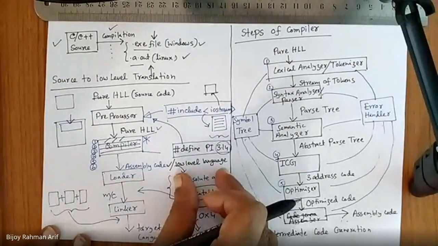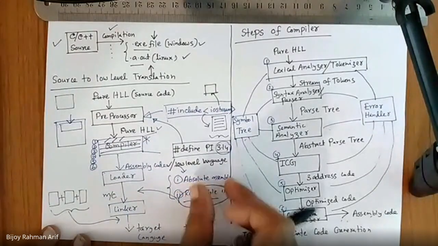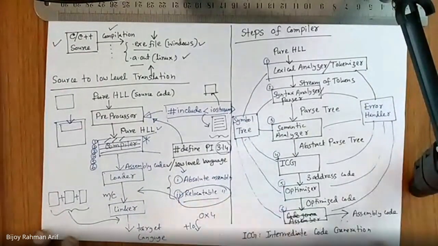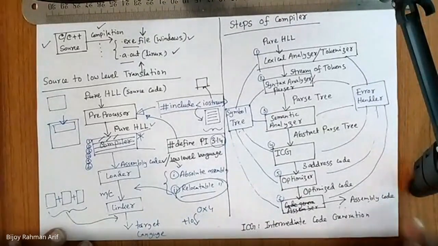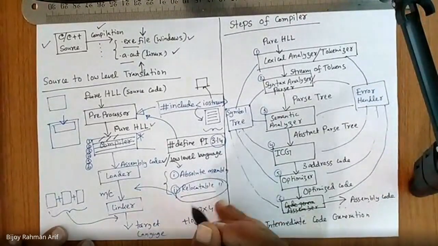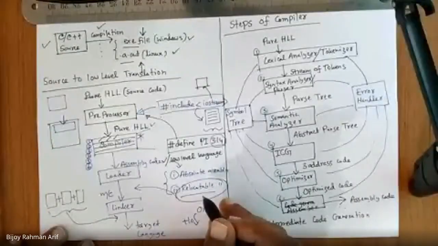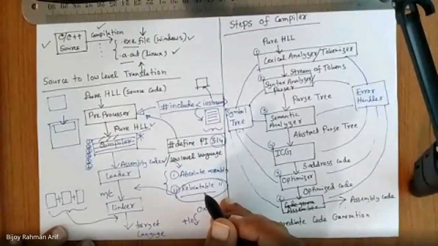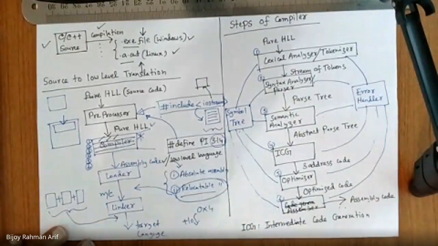This low level stuff or assembly code can be of two types: absolute assembly or relocatable assembly. At the very beginning of the history of languages, people used absolute assembly, but now they use relocatable assembly, which does not depend on a particular address of the machine. If you give some starting point and some offset, it will work.